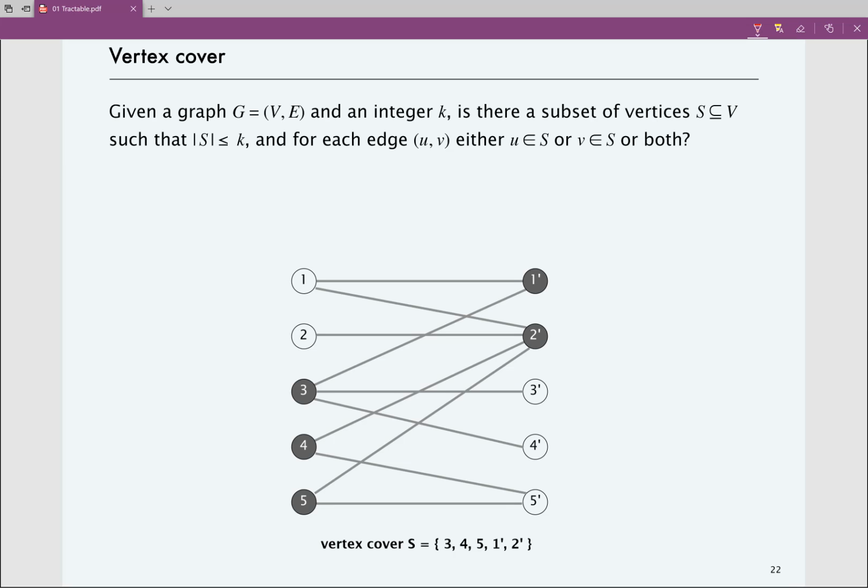Now we're trying to find a vertex cover in this graph. For example, in this example, a vertex cover would be these 5 nodes: 1 prime, 2 prime, and then 3, 4, 5.